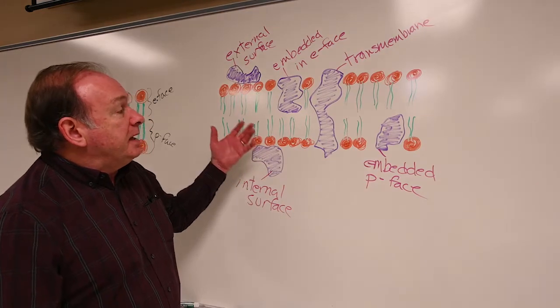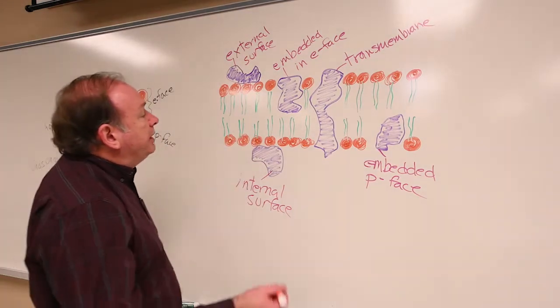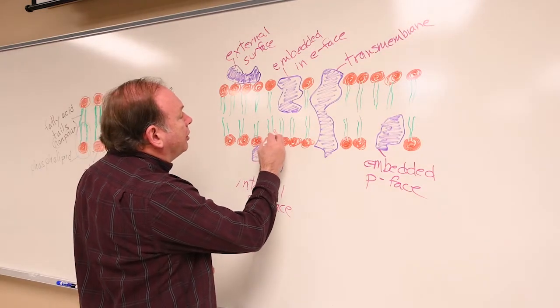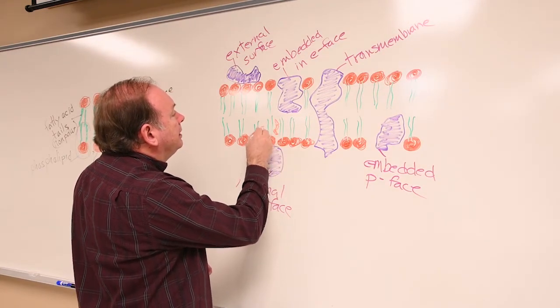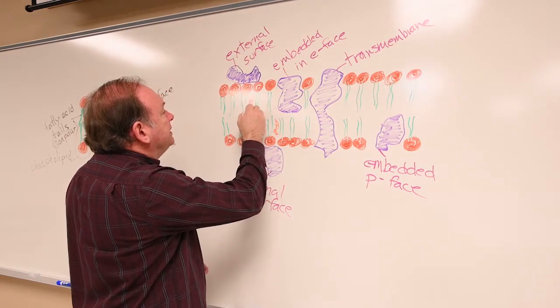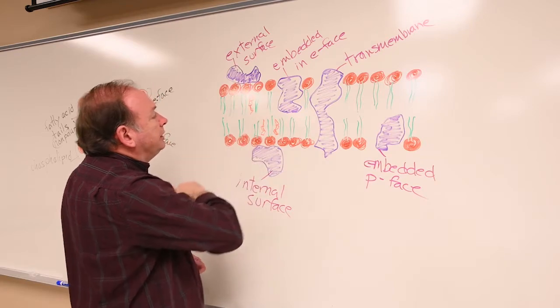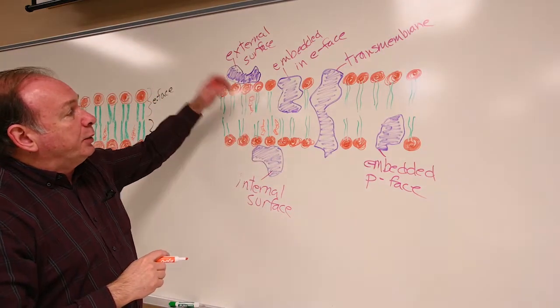the next thing we need to add to this, and I don't have in this drawing any of my cholesterol, but remember there's cholesterol also between some of these fatty acid tails. So we have cholesterol, we have the phospholipids, we have proteins.